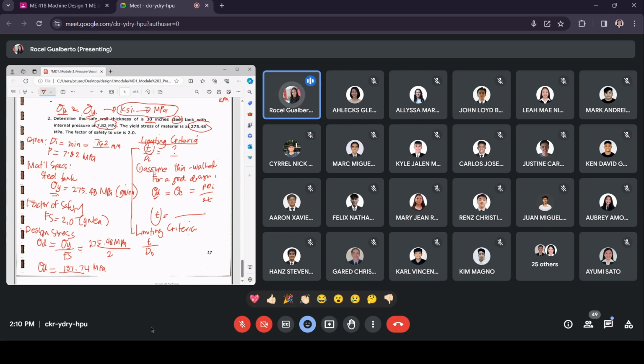So you assume thin wall, and then we equate the design stress to the critical stress, PD over 2T.